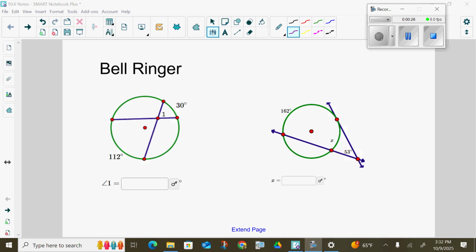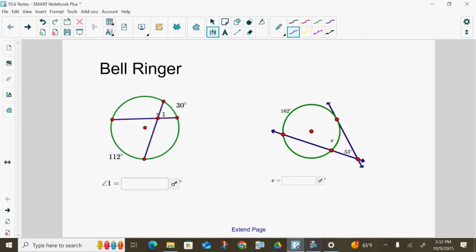Alrighty, folks, let's go over our answers. Make sure your bell ringer sheets are switched with the person next to you. And we are going to go over what each answer should be. So for the first one, we learned yesterday that angle 1 is going to equal half of the sum of these two chords.